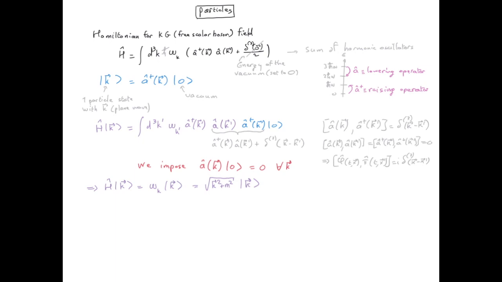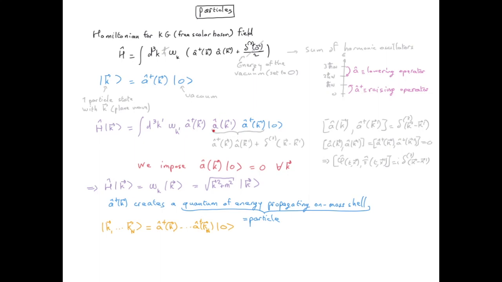So the action of A dagger on the vacuum is to create one quantum of energy by raising from the ground state, the vacuum, to the first quantum, h bar omega, and this quantum of energy corresponds to a particle, a disturbance of the field, which propagates on mass shell. So of course I can create more particles by applying other A dagger operators, and that way I can have a 2-particle state, a 3-particle state, a many-particle state.